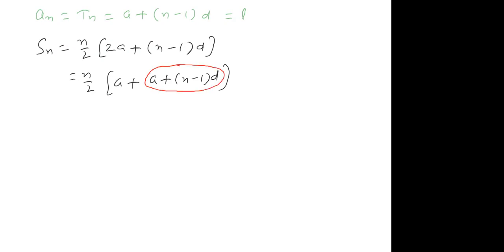This is nothing but Tn. So you can write this as n upon 2 into a plus the nth term. The nth term you can write either as an or Tn, or you can write this as n upon 2 into a plus l, the last term. In this form also we can write.